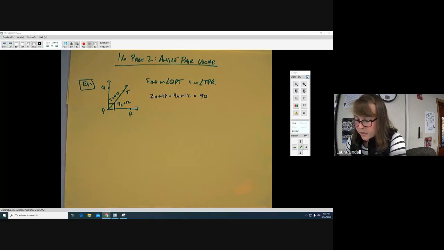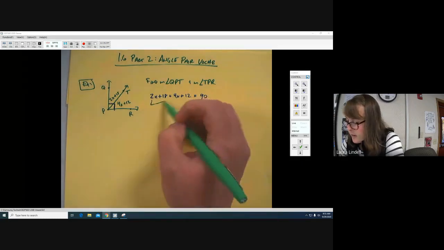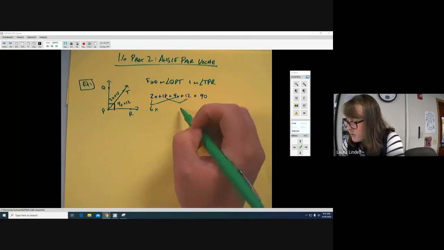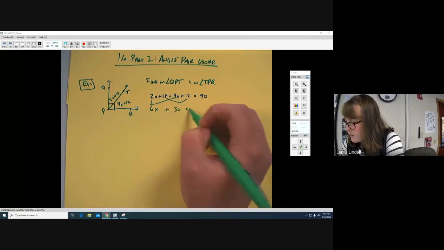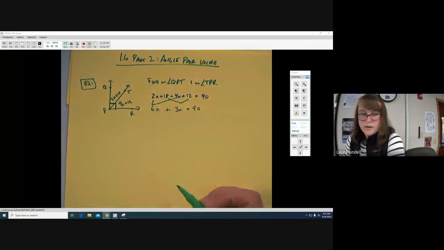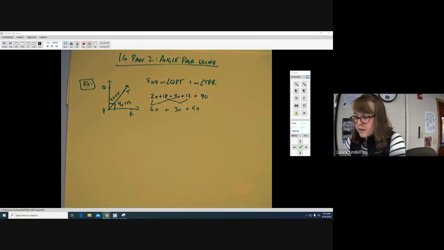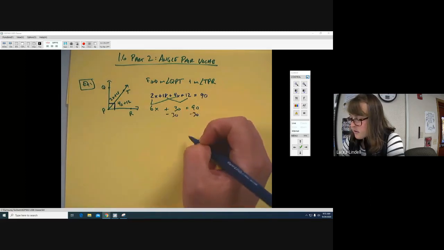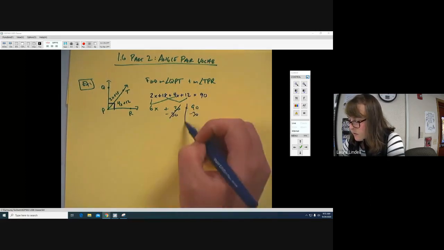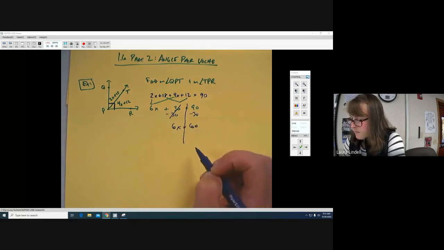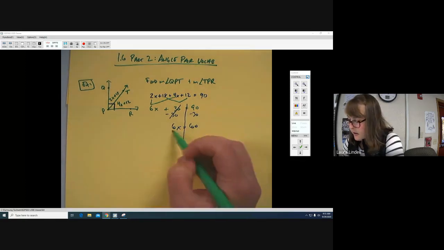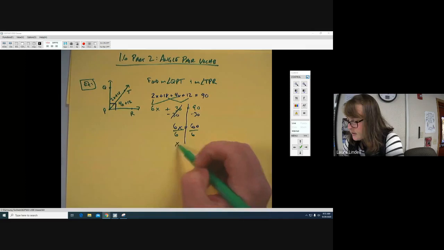Okay, so next step, combine your like terms. 2x and 4x gives us 6x. 18 plus 12 gives us 30. Then we're using our algebra here to solve, minus 30 on both sides. We're left with 6x equals 60. Dividing by 6 on both sides, we get x equals 10.